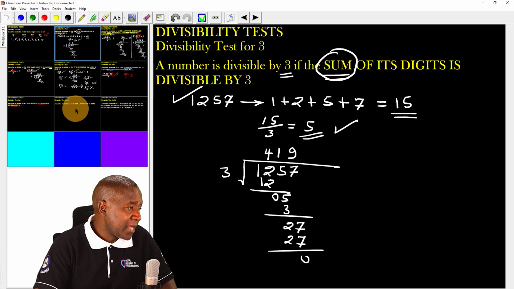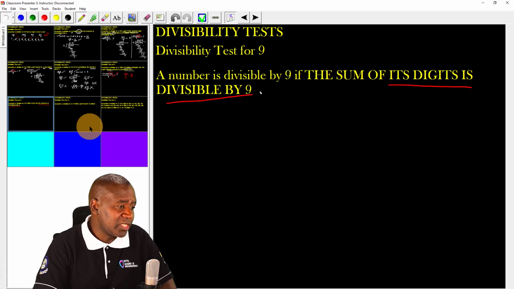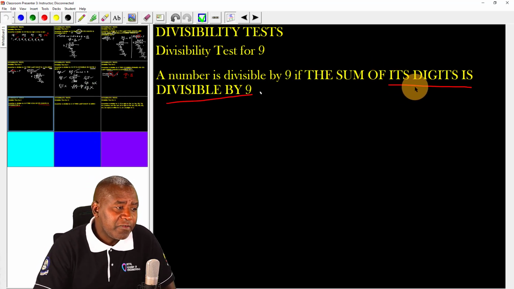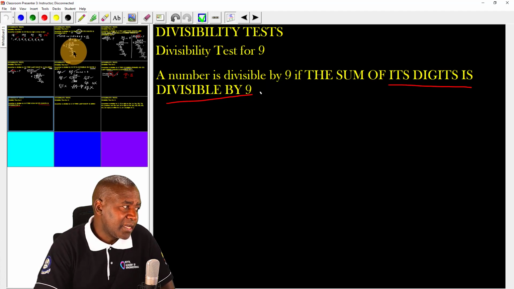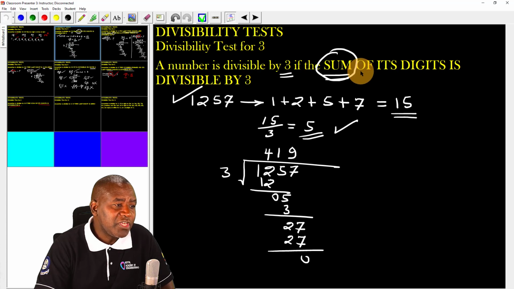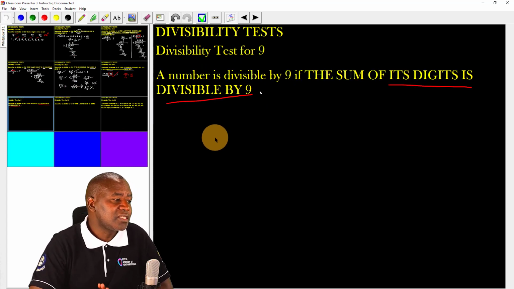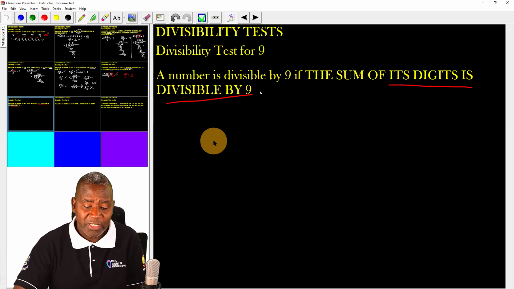But here, I think it's a little bit simpler because we are saying the sum of its digits is divisible by 9, while there it was the sum of its digits divisible by 3. So all we need to do is just add the sum of its digits.